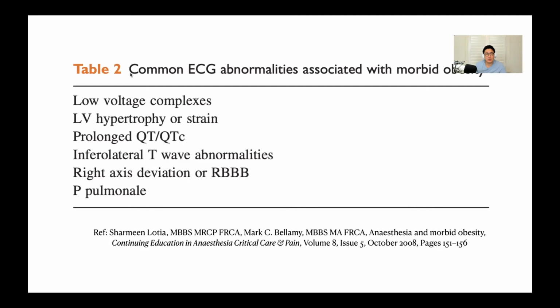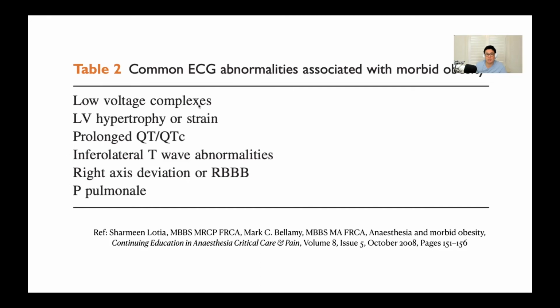And this was from an article in Anesthesia and Morbid Obesity. And this is the CEA-CCP article. So a lot of the CEA-CCP articles are really good for the Part 2 exam because they're very clinical based. And it was just good to have this table here, which has a lot of symmetry to what that previous paragraph had.